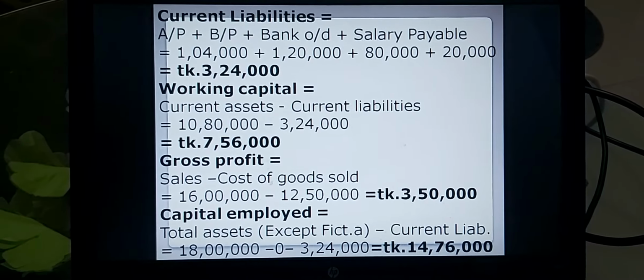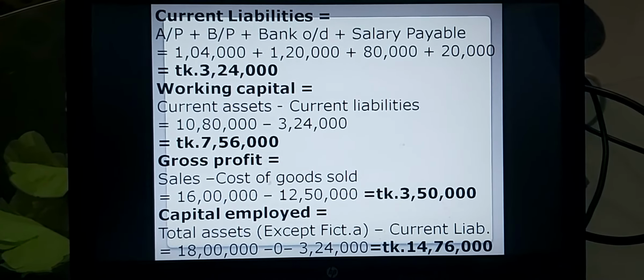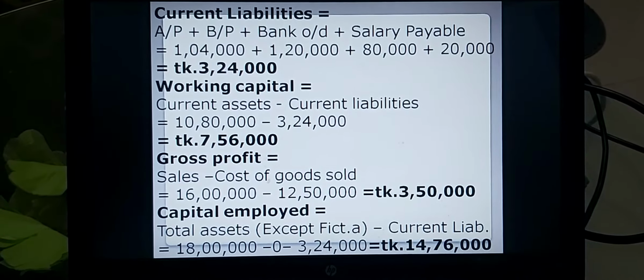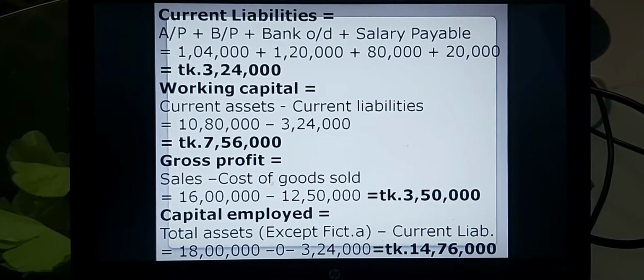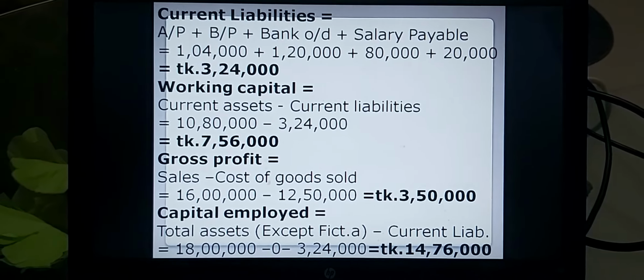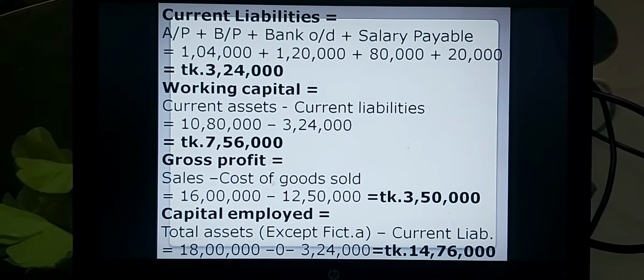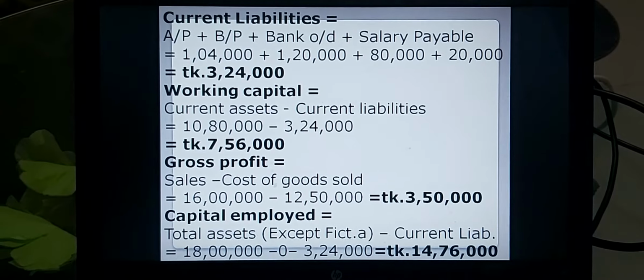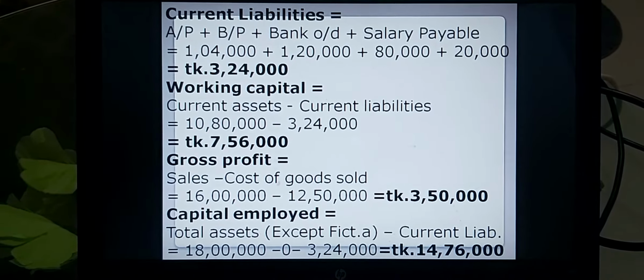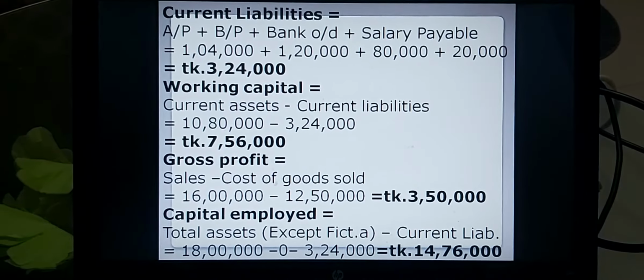So it is very easy to calculate the gross profit. 16 lakh minus 12,50,000, that is, the amount of gross profit is taka 3,50,000. Sales minus cost of goods sold: 16 lakh minus 12,50,000 is equal to 3,50,000.